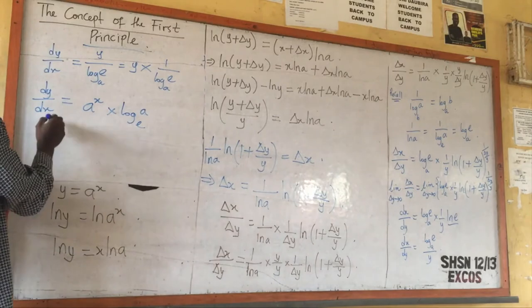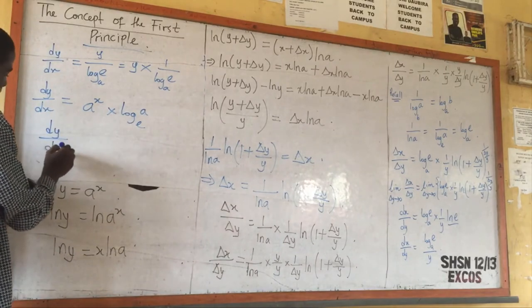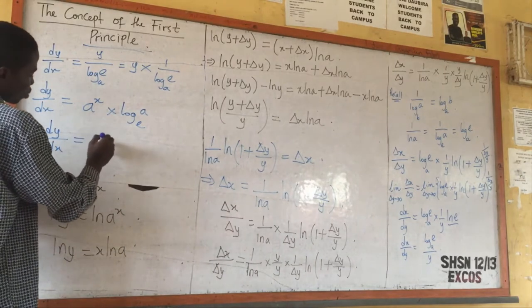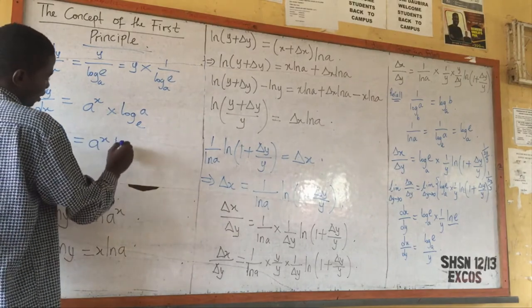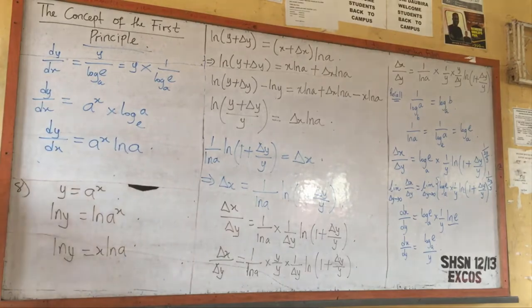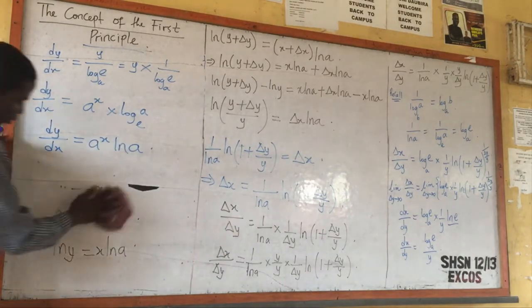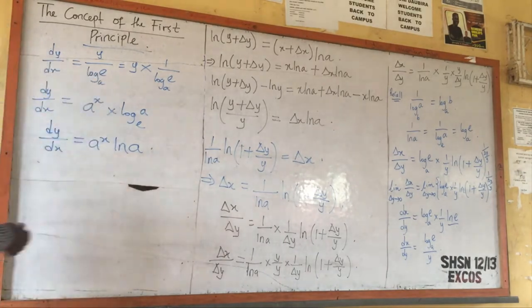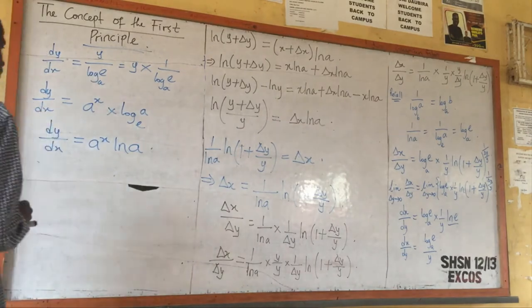Don't forget. So dy ds is equal to a raised to the power s ln, or log to base e, of a. That would be the answer to that particular question.